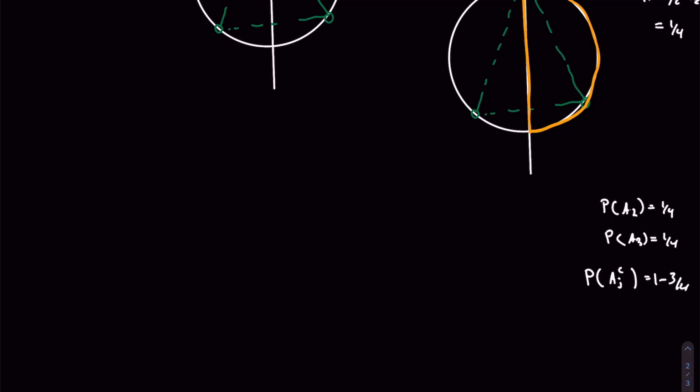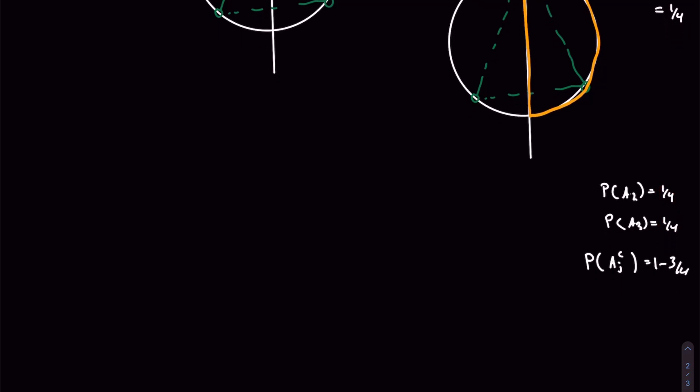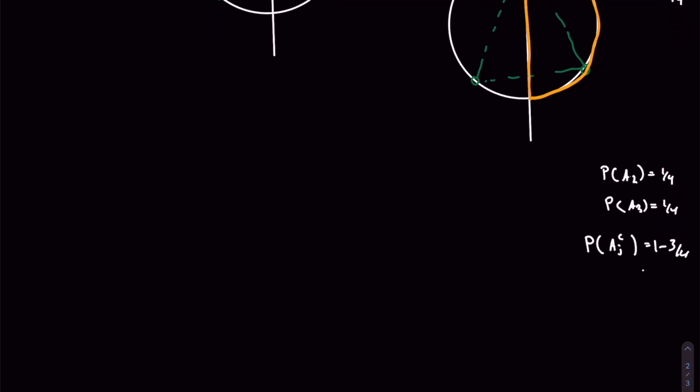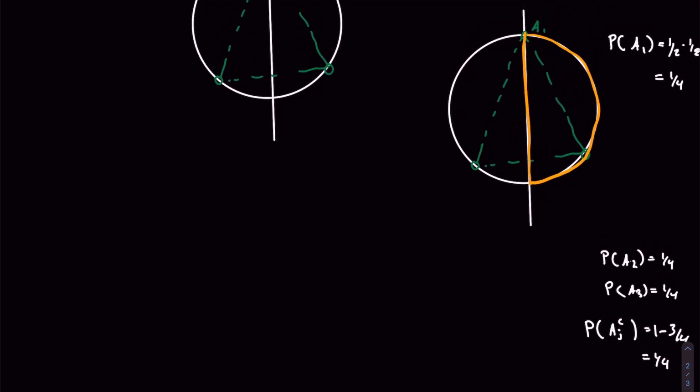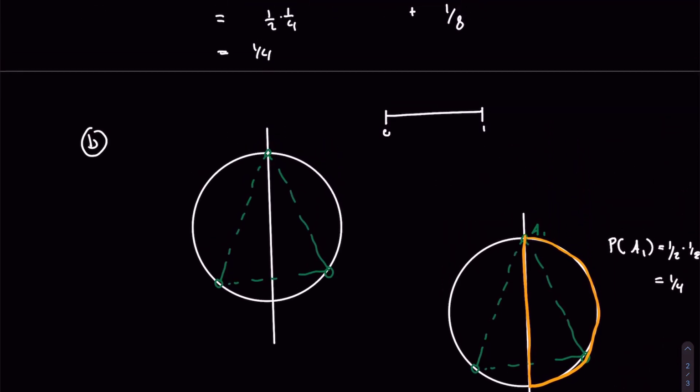So I'm just summing these probabilities. And what remains is 1/4, and that event is exactly the event when we have a triangle. And that is indeed then the same answer as we thought in terms of the triangle.